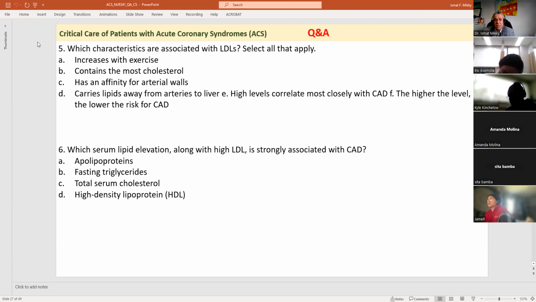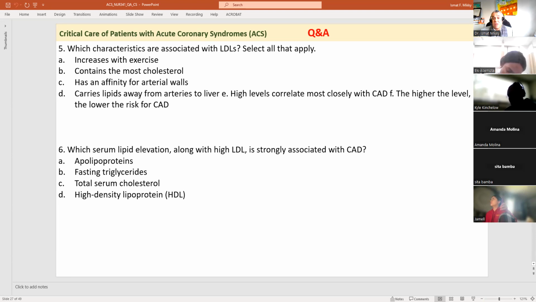So B, C, and actually E is the question I have here. E, which is high levels correlate most closely to coronary artery disease, and then I have here F, the higher the level, the lower the risk for CAD. So this F is incorrect, right? That's not true. And then E, high levels correlate closely with, yeah, it contributes to coronary artery atherosclerosis and CAD. So E is correct as well.